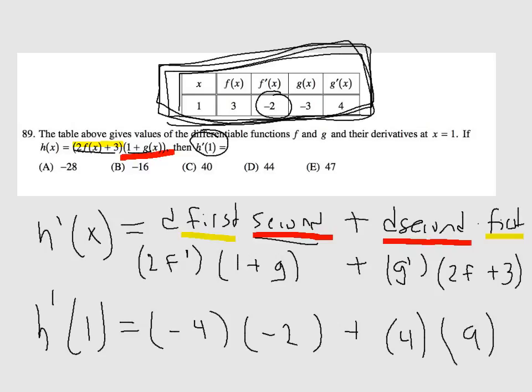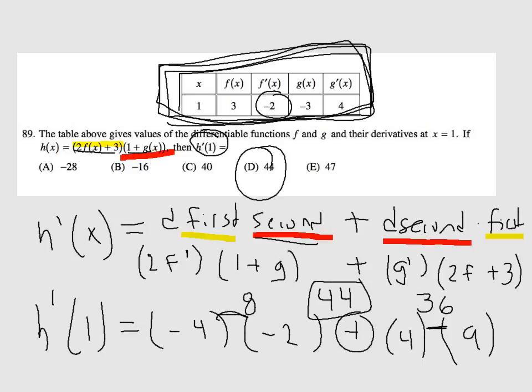So if we go ahead and do this, this becomes 36 when we multiply these two together. This becomes 8. You add these two together, and you finally get 44, which is our answer.